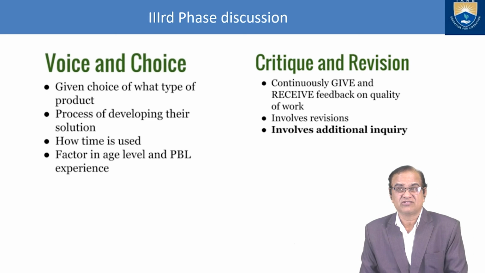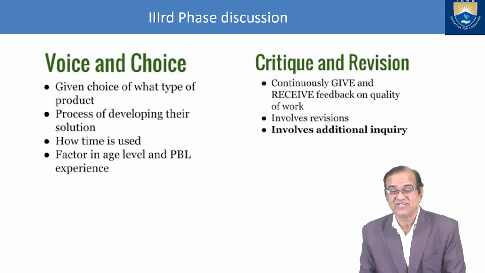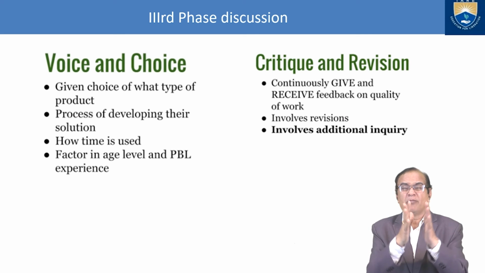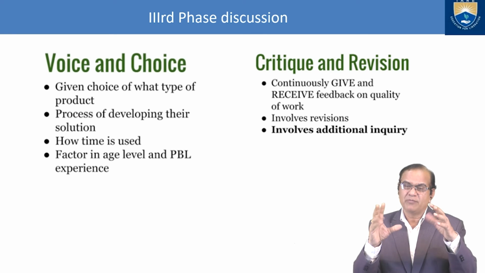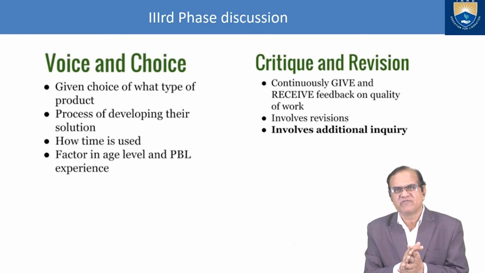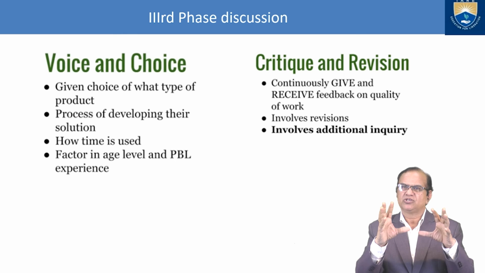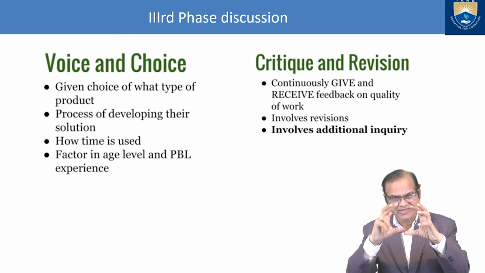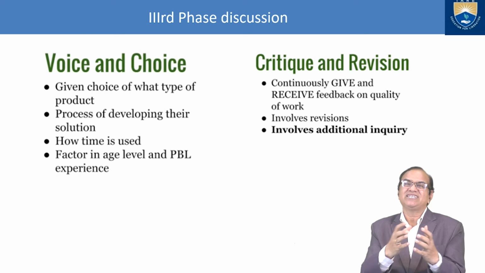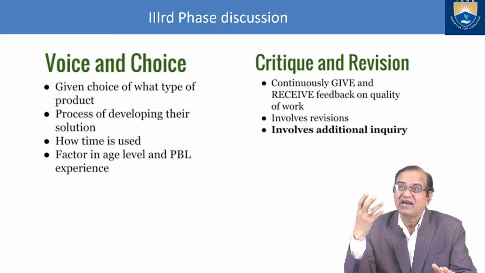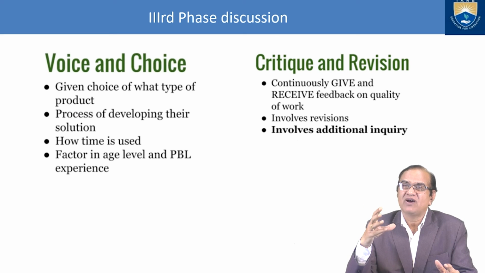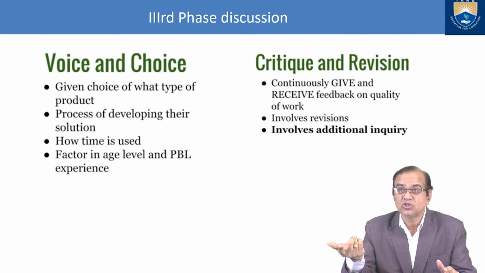Next in the third phase is critique and revision. So if you see that my product is not good, you should say that my product is not good, or my product needs some modification. It is not looking beautiful. So you have to develop some other shape where the result is the same but it looks good too. So you have to make a habit of criticizing your own work and also listening to the critics of others.